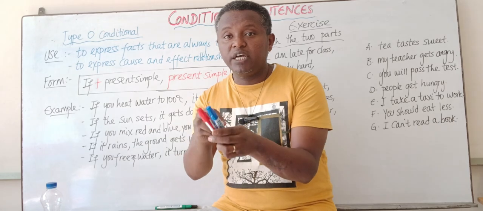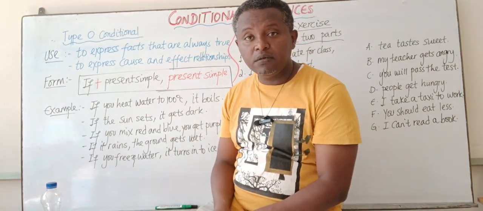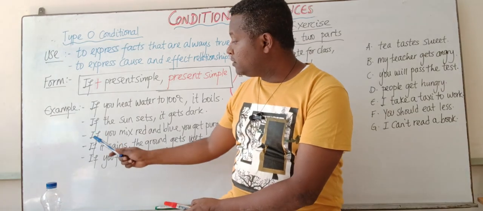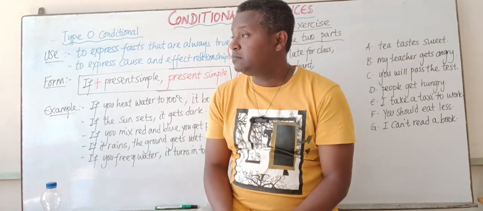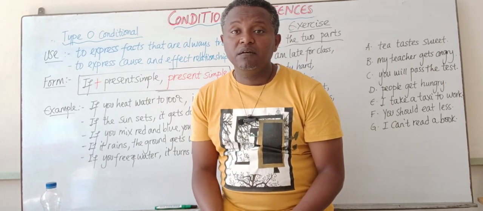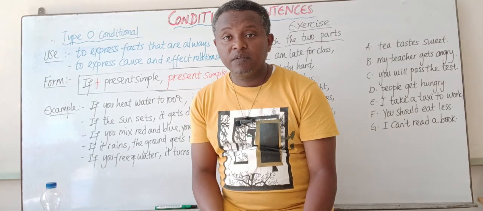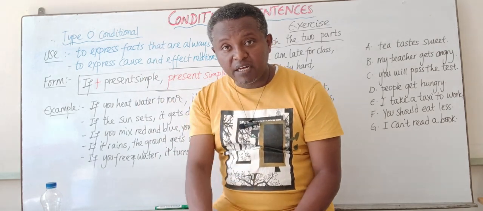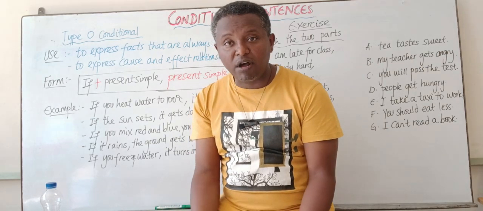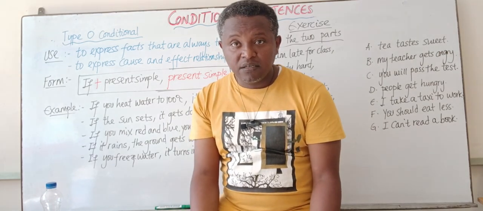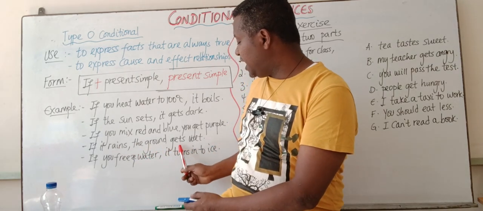When you put these two colors together, you get the color purple. The other one, if it rains, the ground gets wet, because the last destination of the rain is the ground, right? So if rain comes down, it's obvious, it's true that the ground gets wet. So if it rains, the ground gets wet.